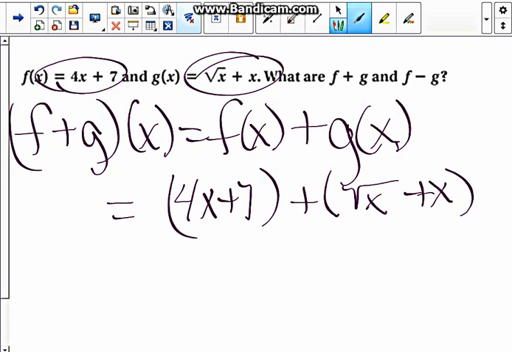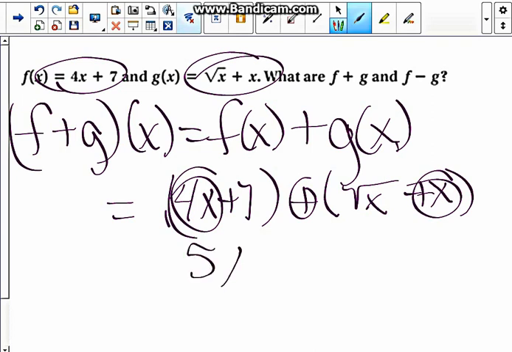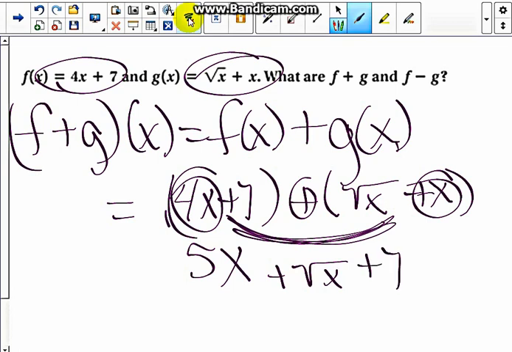So I'm going to look for like terms, and we have a 4x and an x. So adding those, it's going to be a 5x. And then there's nothing common between these two terms, so we'll just put them in standard form. Plus radical x plus 7.